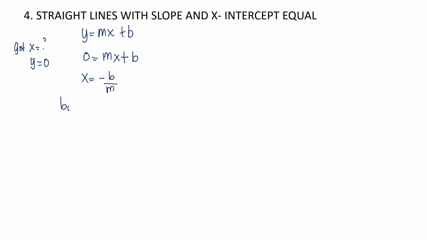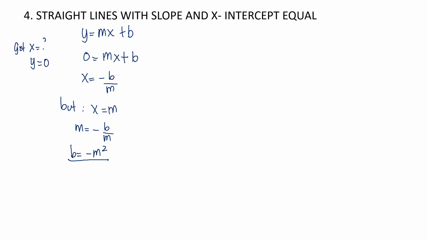Okay? But, since our x is equals to m, therefore, our formula will be m is equals to minus b over m, or simply our b is equals to negative m squared. Okay, so b is negative m squared.